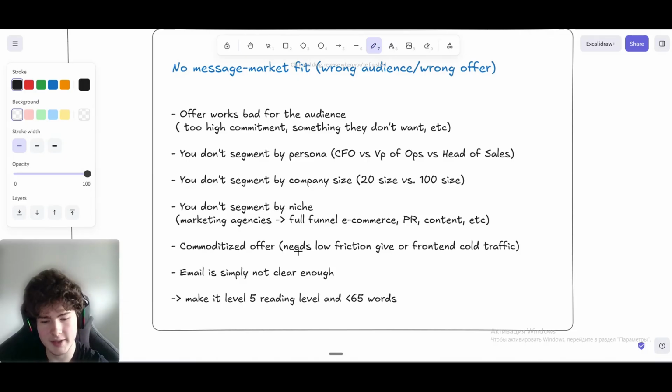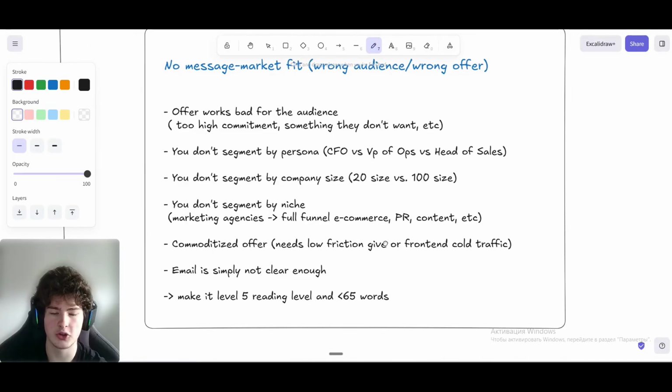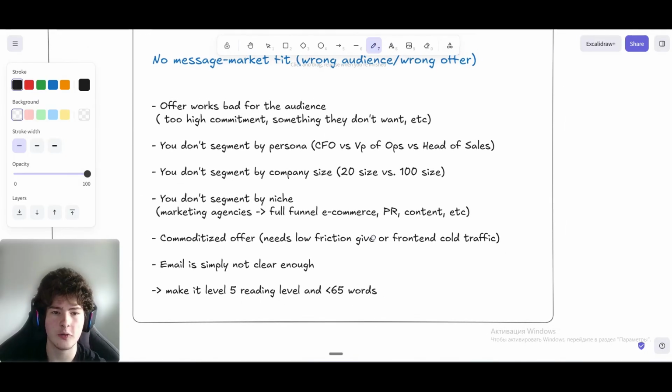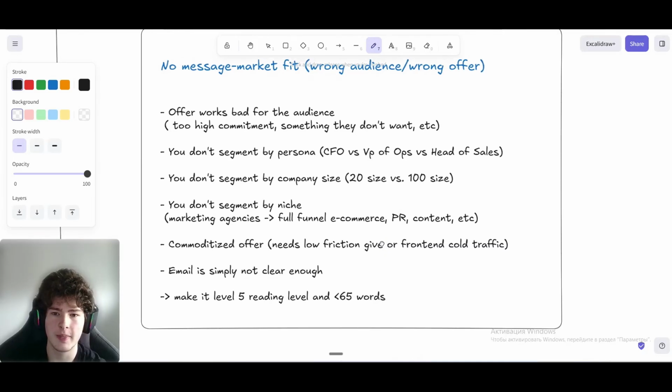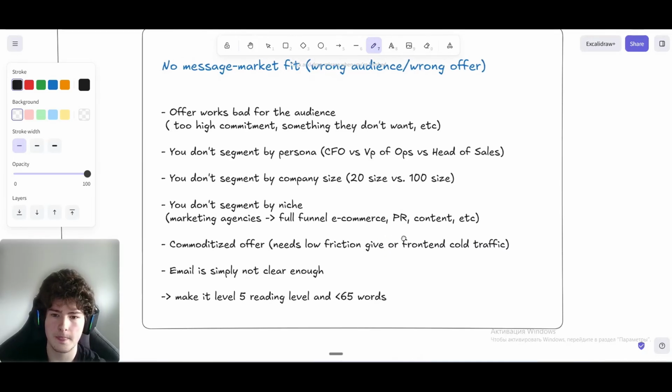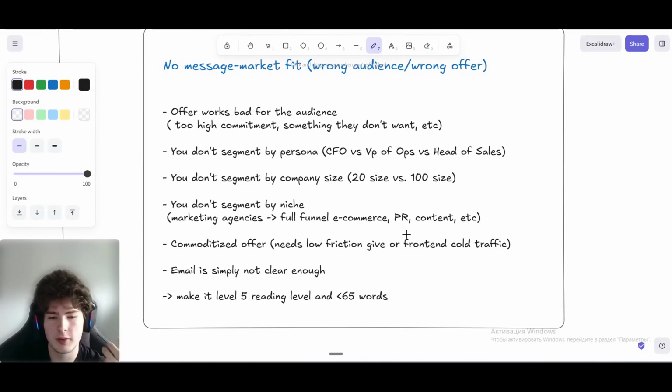So that's why introducing a low friction front end offer might help, like offering them a Loom video, or some helpful PDF. Well, maybe with PDFs they wouldn't really care, but if it solves a tiny problem for them, then they would probably care.